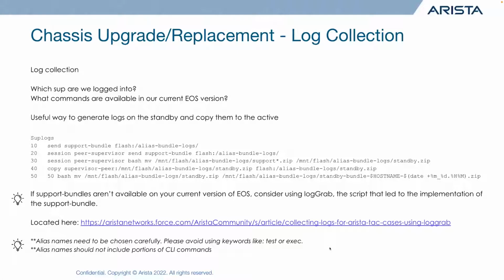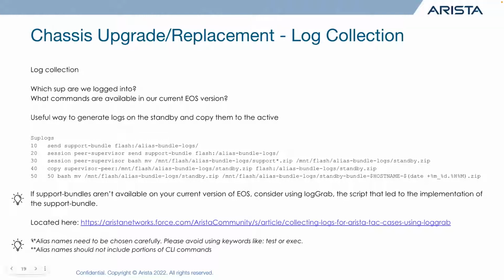But the big caveat I want to talk about is alias names can be a little bit quirky. When you name an alias, the CLI thinks when you type in that alias name that it's calling up whatever commands you've listed. I go into a little bit more detail in a few slides from now, but just a quick heads up, avoiding things like test or exec is very good for your aliases.